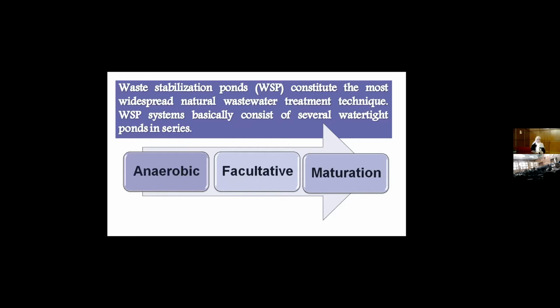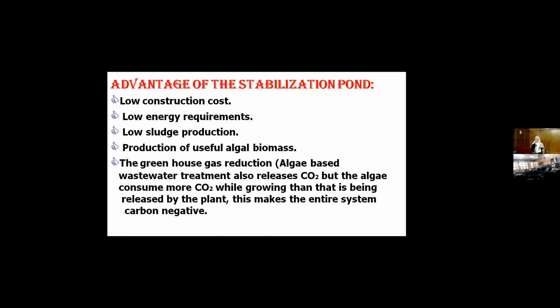The facultative pond deals with anaerobic and aerobic treatment by the organisms, followed by the maturation pond, of larger scale with a depth of about 1.5 meters. This is the most effective treatment system in Egypt, but we use about 11% of the technologies in waste stabilization. It has some advantages and some disadvantages.